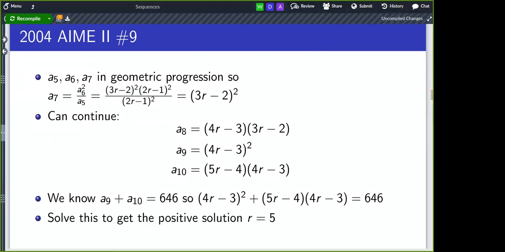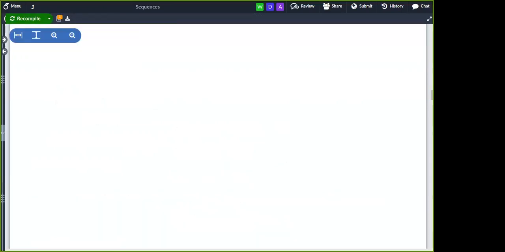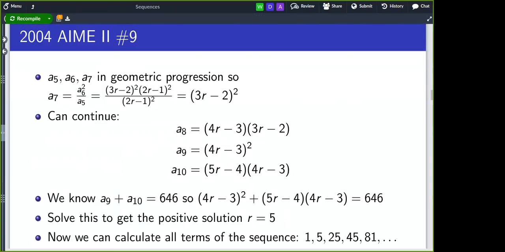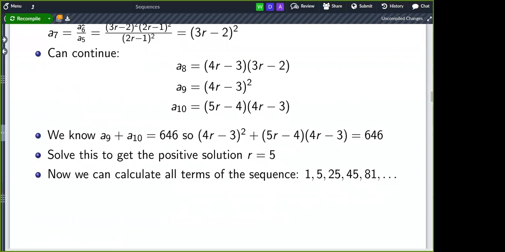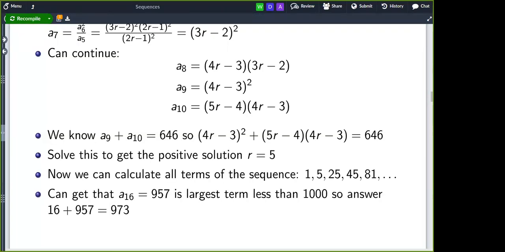So now that we know what R is, we can calculate every single term of the sequence in the same manner as before. I'll omit the calculations here, but we just keep plugging and chugging, and we find that the largest term of the sequence less than 1,000 is A16, which is 957.